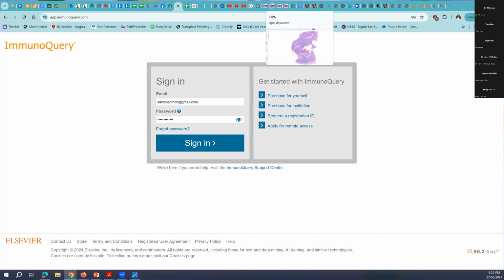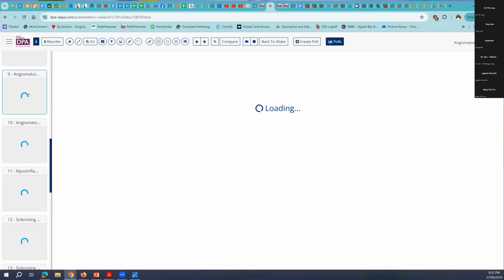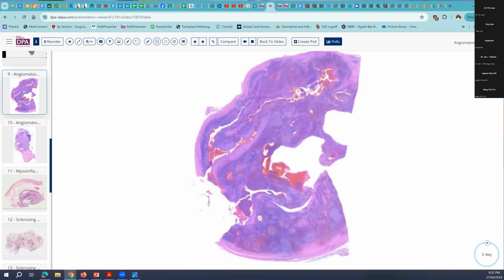Well, with that, let me spend the last few minutes of the hour talking about a few of the soft tissue tumors that are in the differential that we've considered. We can start with the angiomatoid fibrous histiocytoma.